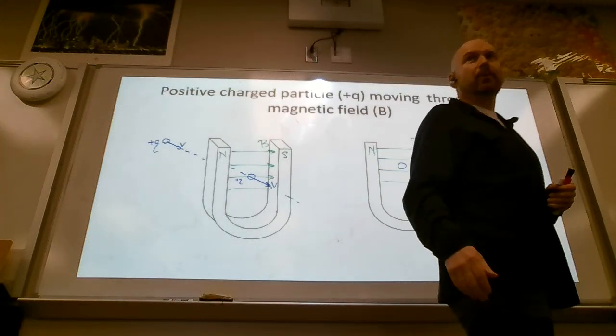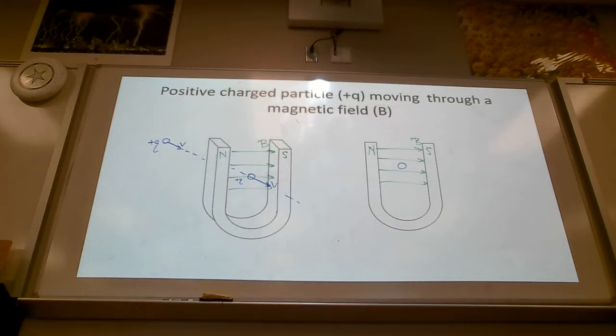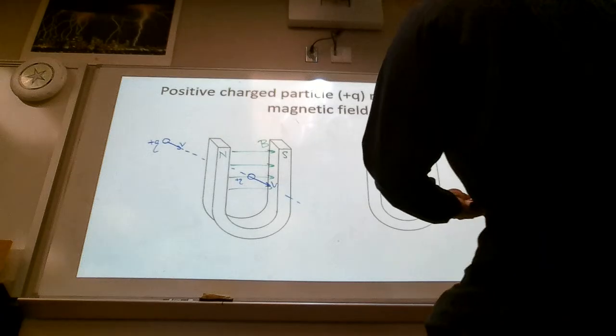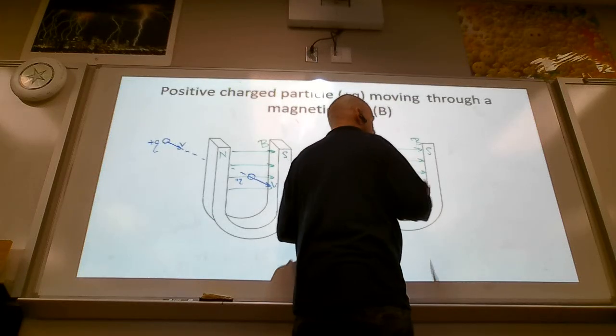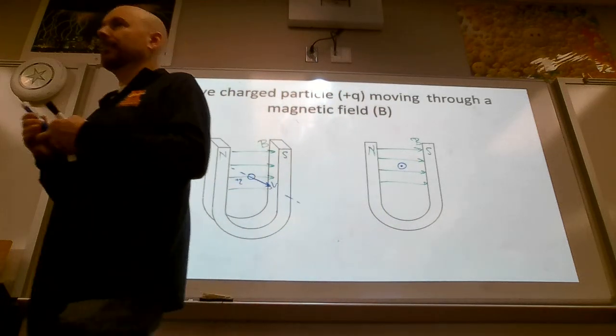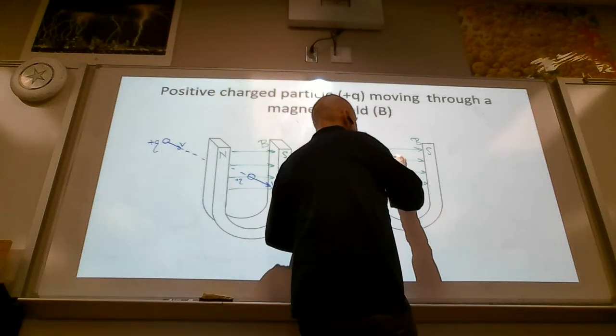Coming out of the board at you. What do we draw? Circle with a dot or circle with an X? You're about to be shot by the arrow, you're like, oh, duck. You're looking at the arrowhead, the tip. Good with that? That is your velocity.